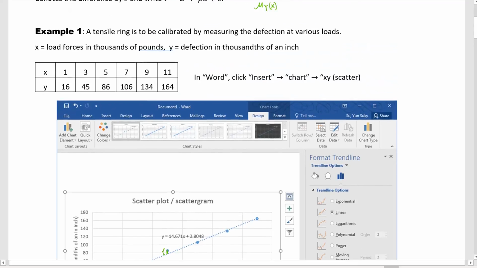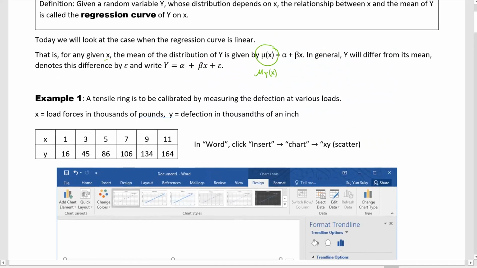I will talk about that more. This epsilon is the error and y is the actual value of y, and alpha plus beta x is the mean, the expected value of y. Okay.